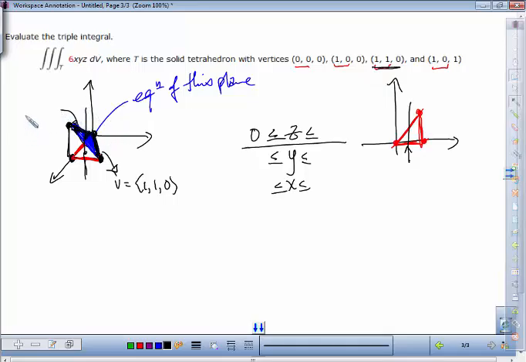And I have another vector over here we'll call u, and that points to this point, which is on the xz plane. So the x and z are both equal to 1. It's not moving along the y, so it's 0. So this is my other vector, 1, 0, 1.